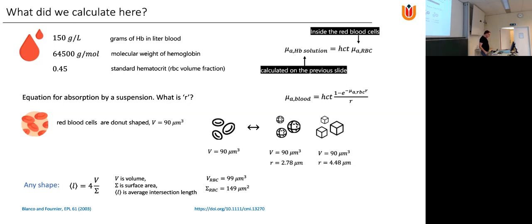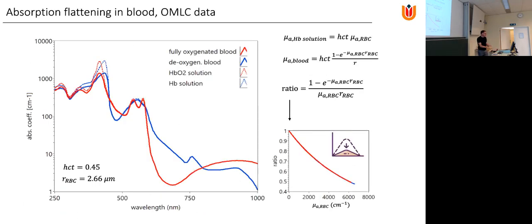So using these numbers, that would lead to an R of about 2.7 micron. Well, you can see all these numbers are more or less in the same ballpark. So I used this 2.66. Doesn't really matter for the effect, of course.